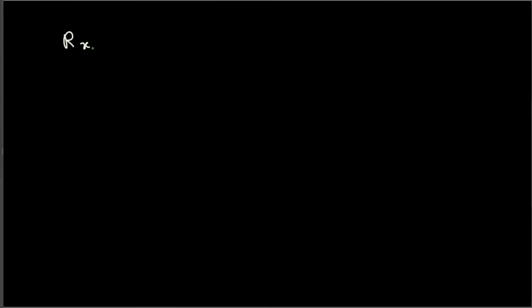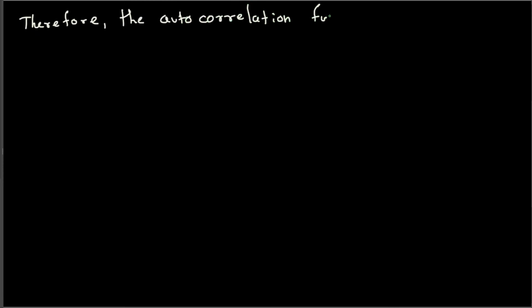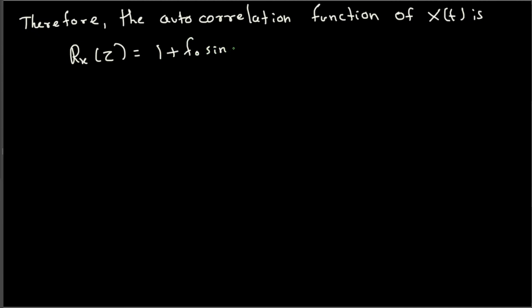Therefore the autocorrelation function of x of t, Rx of tau, is equal to 1 plus f0 sinc square f0 tau.